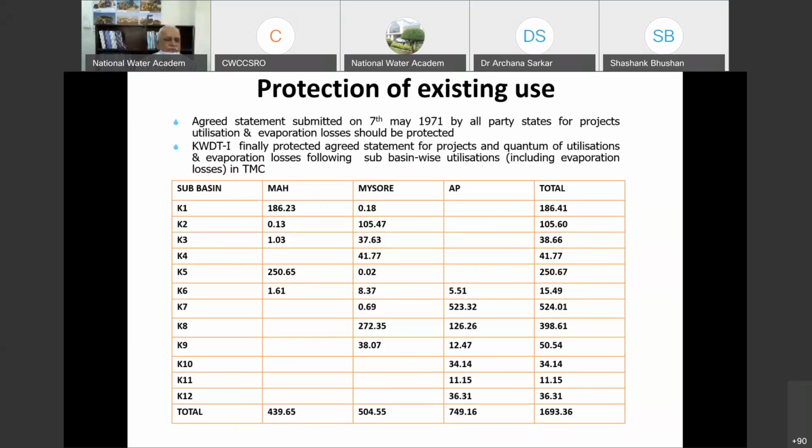In K2, Mysore had a major share, 105.47, very small. In K3, Mysore had more share. K4, Maharashtra has a larger share, and so forth. In K8, that was by Andhra Pradesh. That is because of their Krishna Delta, other canal systems, Kurnool, Kadapa, and so on.